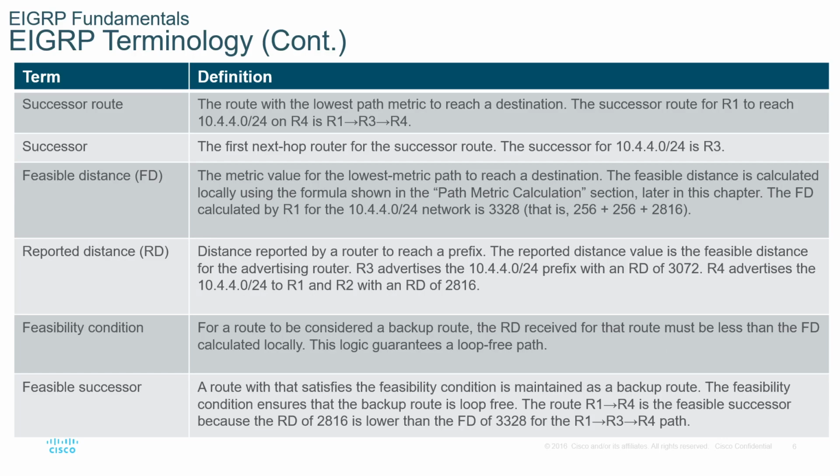So this guarantees a loop-free path, because if the reported distance is higher than the feasible distance that was calculated lower, chances are you're actually going through this local, okay? And as I said earlier, the feasible successor is the backup route. So this satisfies the feasibility conditions. So it's going to be a loop-free alternative.